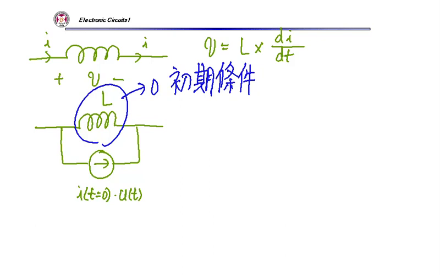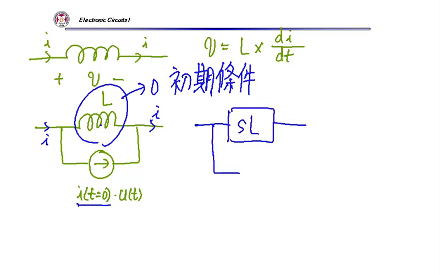And then the entire current I is this current I(t=0) at t equals 0, right? Because there is no current through this inductor. So we can write this one like impedance SL, and then the current in the Laplace notation.